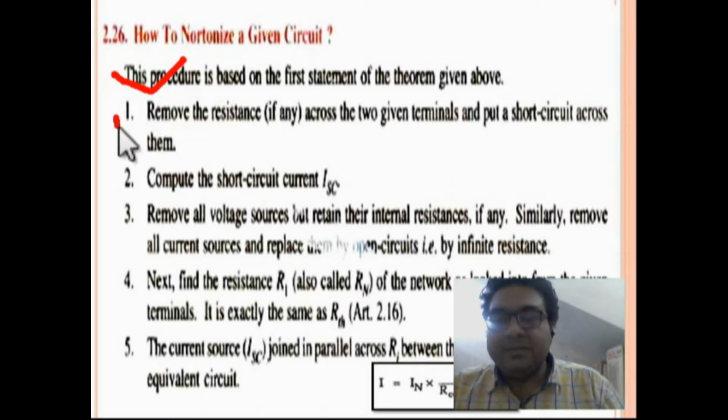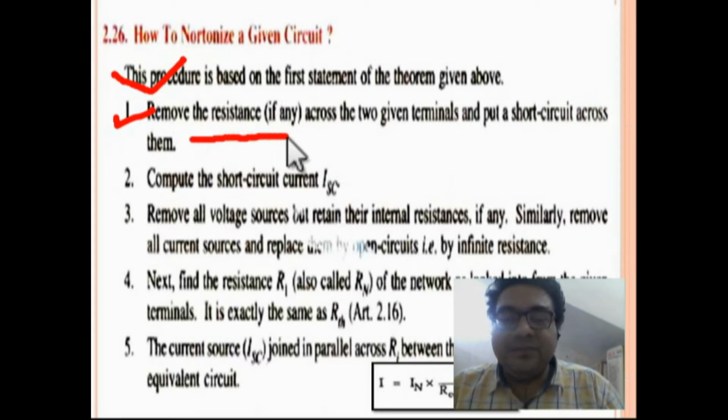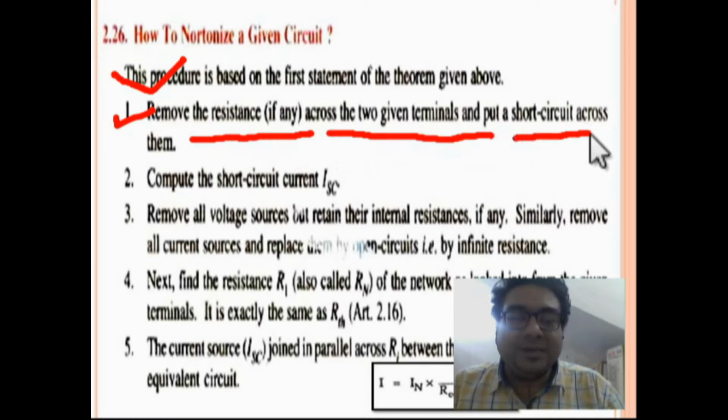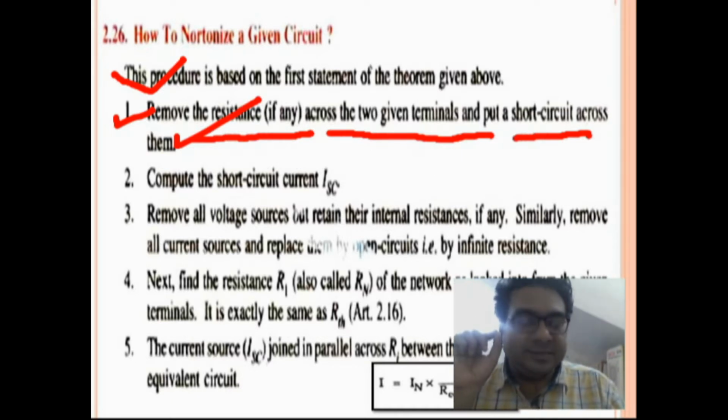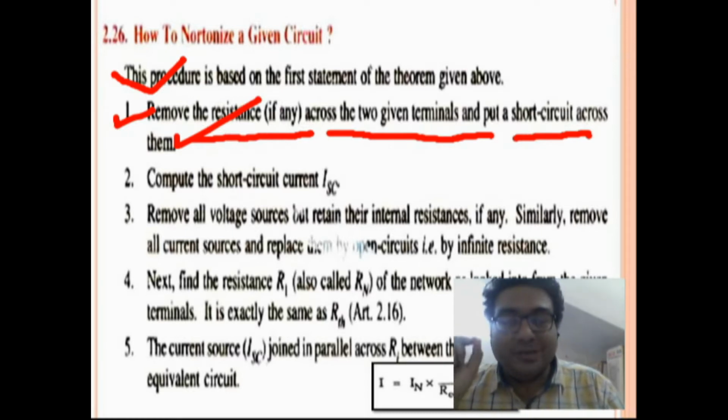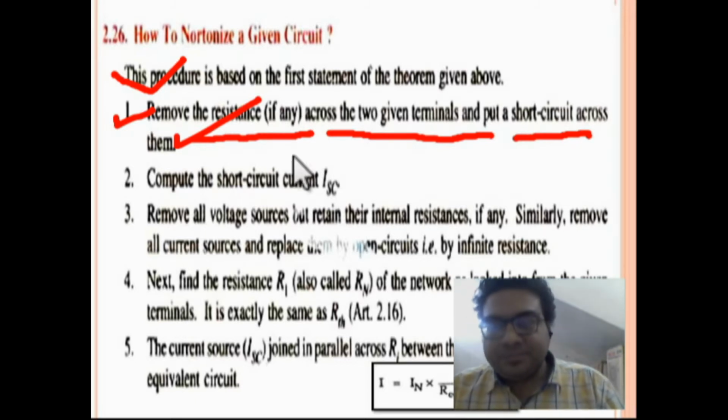So the first step: remove the resistance, if any, across the two given terminals and put a short circuit across them. So guys, in Thevenin's theorem, we remove the load resistance and the circuit was open circuited, but here we remove the load resistance and then put a short circuit across the terminals. This is the important point.